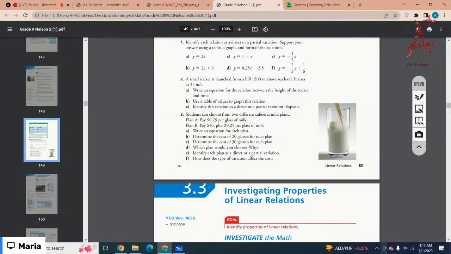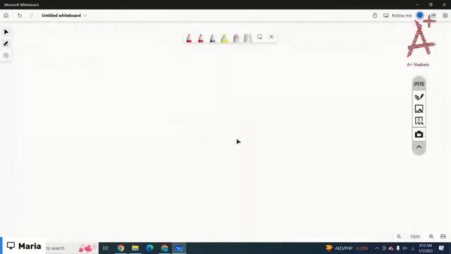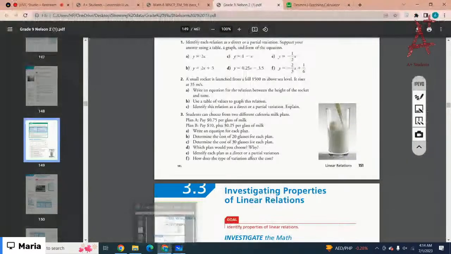Plan A is $0.75 per glass of milk and plan B is pay $10 plus $0.25 per glass of milk. Let's write down the equations first. The first one, you just have to pay 0.75 per glass.